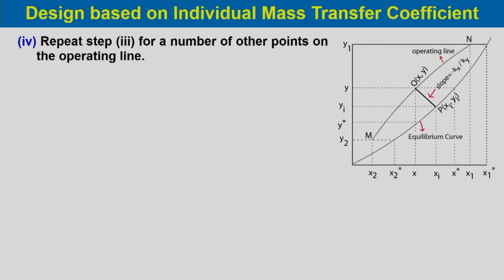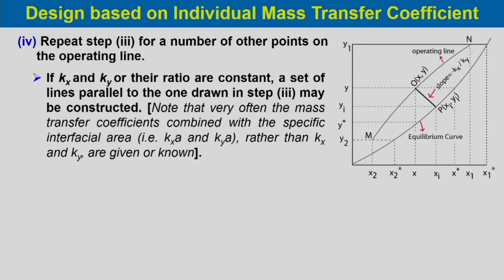Now, we have to repeat the steps for a number of other points on the operating line. If kx and ky or their ratio are constant, a set of lines parallel to the one drawn in step 3 may be constructed. So, we can draw parallel lines through multiple points, and we can get multiple data for a set of x and y, and a set of xi and yi.